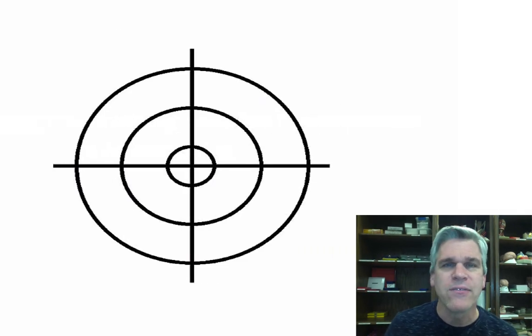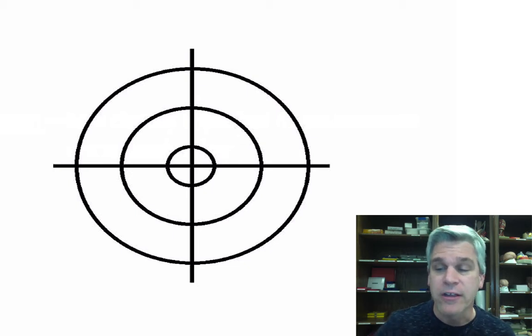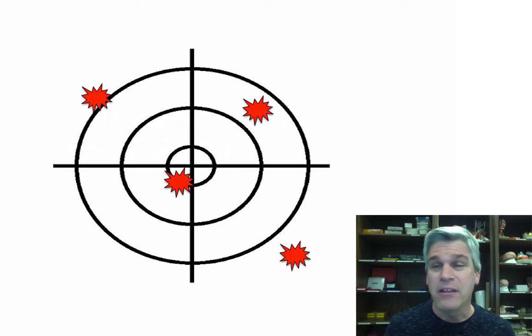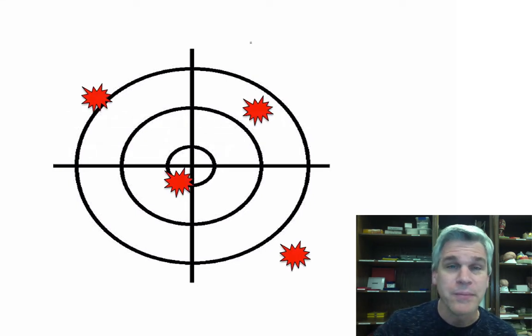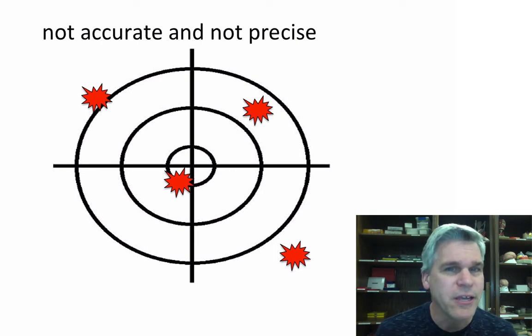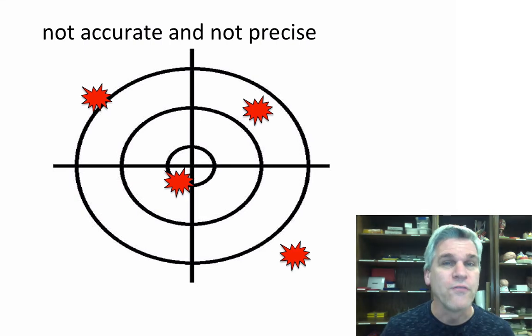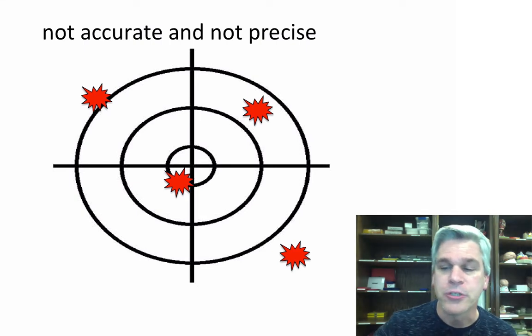Just to give you an example of precision versus accuracy, let's say I'm shooting at a target. It looks like my shots are all over the place. I'm not very accurate here, and I'm also not very precise. This is something we want to avoid when we are taking measurements.